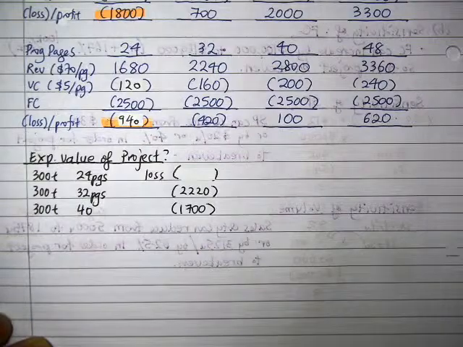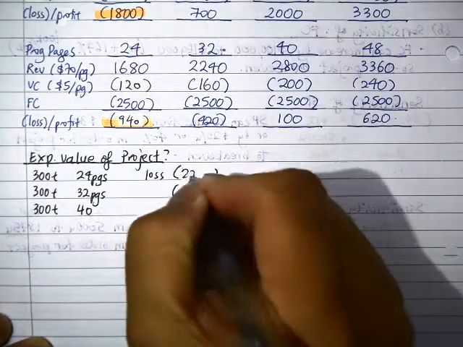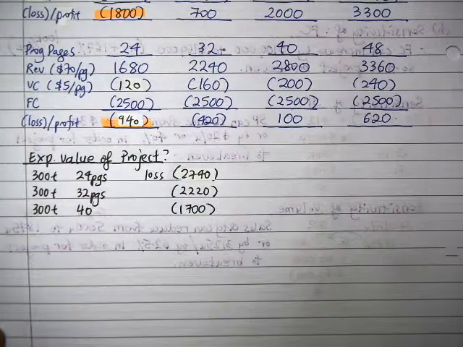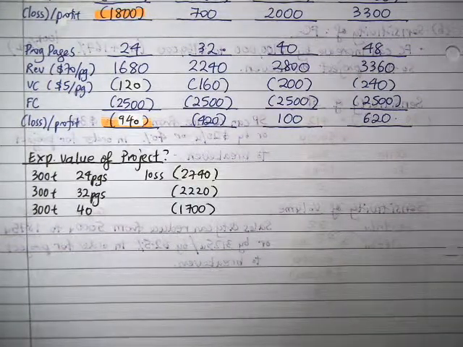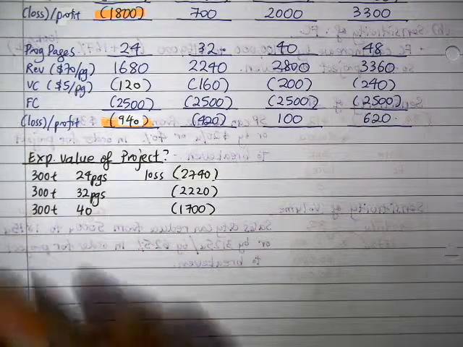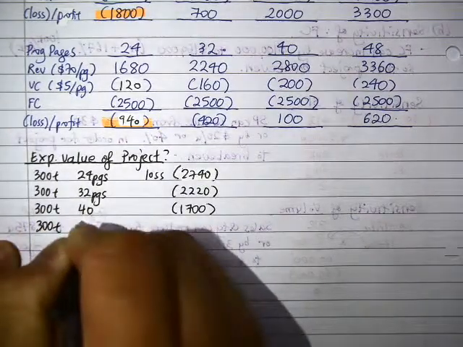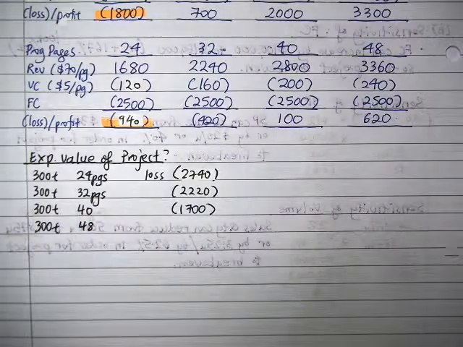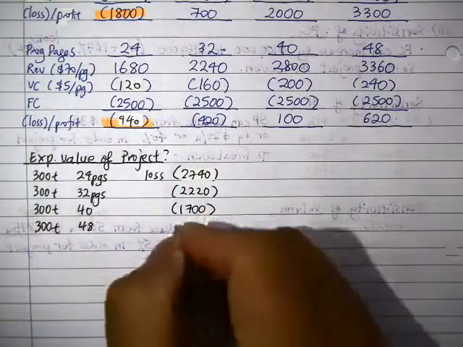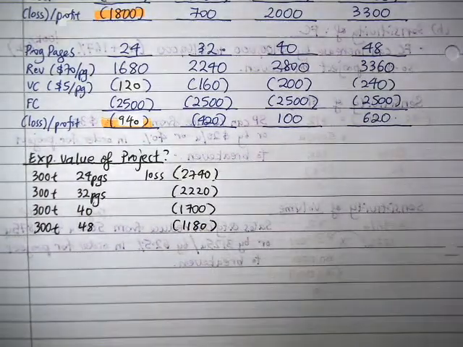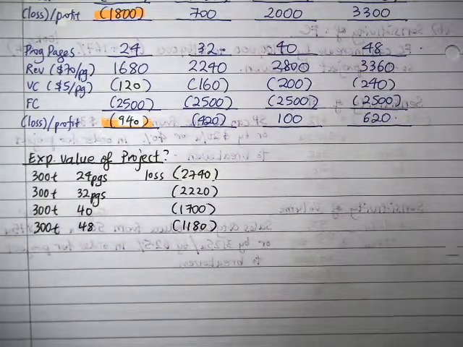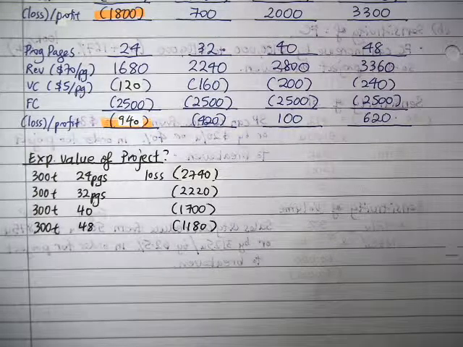Then my loss is 1,007. Sorry. Now if 300 ticket and then 48 pages, I also make loss 1180. That means if my event only got 300 tickets, then all will definitely be loss making. Okay? Whether the loss is bigger or smaller is affected by the program pages.